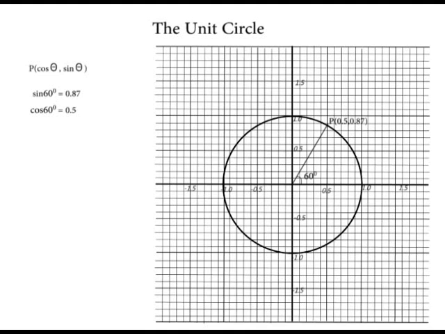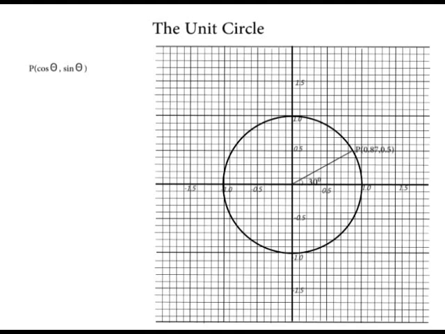We've also said that tan theta is equal to sin theta over cos theta. 0.87 over 0.5 gives us 1.74. Again, confirm with your calculator if tan 60 is not 1.74. You will find it is. Try with another angle, say 30 degrees. This time, the coordinates of P will be 0.87, 0.5.